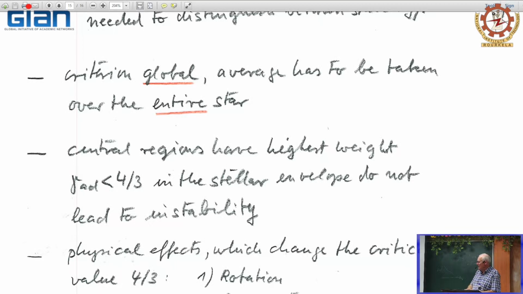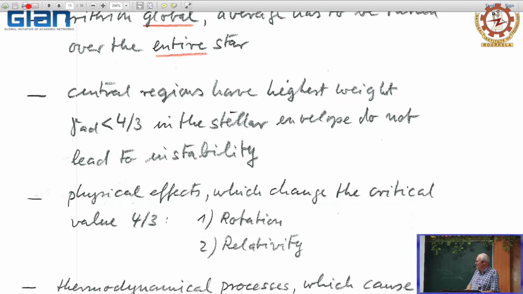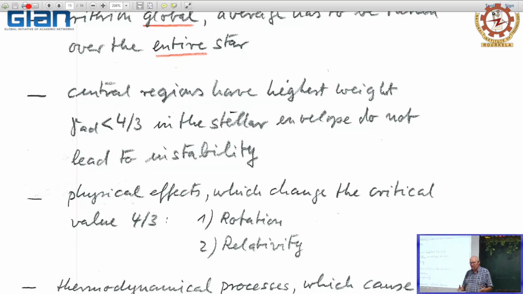The question is, which are the physical effects which can change the critical value of 4/3? Well, there are two effects which may affect this. We have not only considered gravity and the pressure. There might be effects which change the critical value from 4/3 to somewhere else.